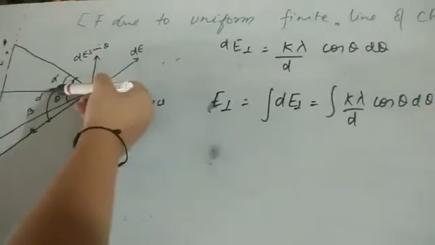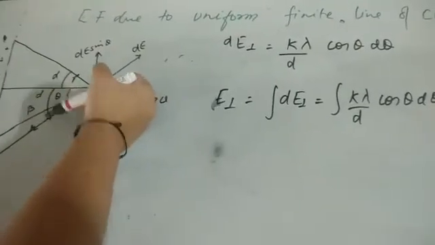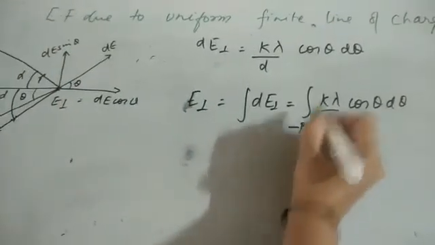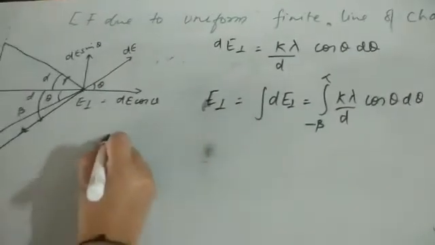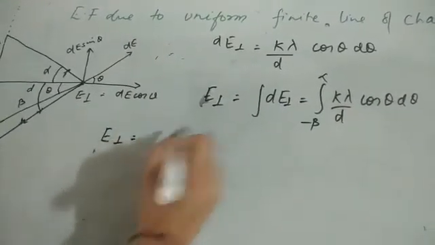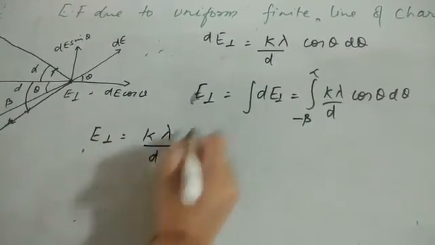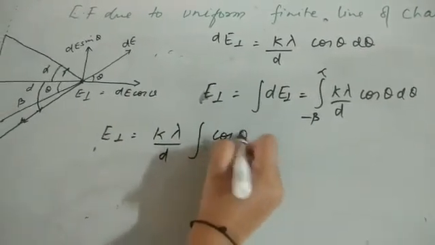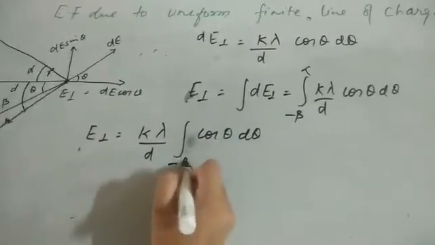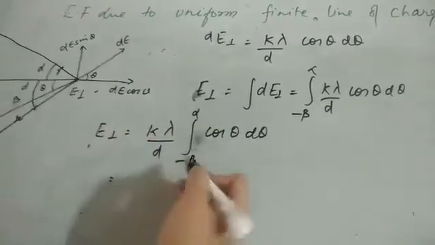We are going from this origin down, that means minus beta to alpha. So E perpendicular is finally k lambda upon d, integral of cos theta d theta from minus beta to alpha.